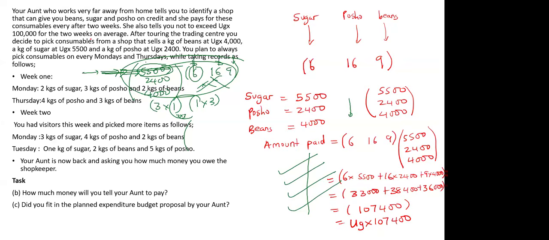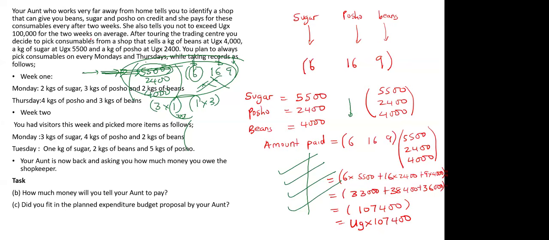So here we shall have said that no, the person did not fit within the desired goal of 100,000 because the total expenditure, or the total amount of money used or spent in the 2 weeks, exceeded or was greater than the 100,000 by 7,400.